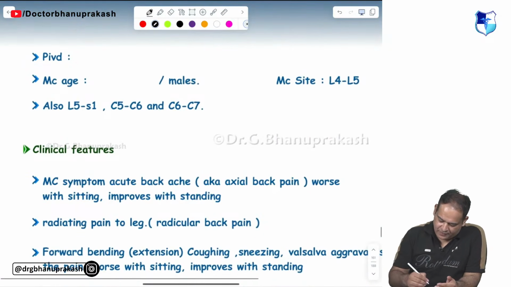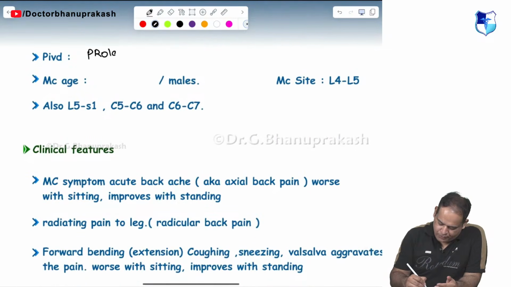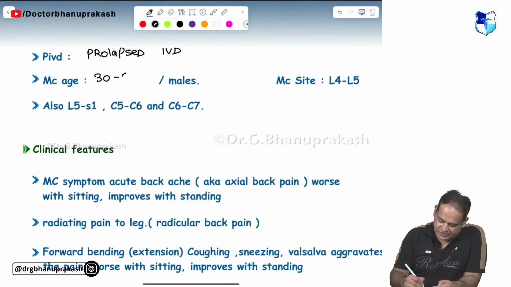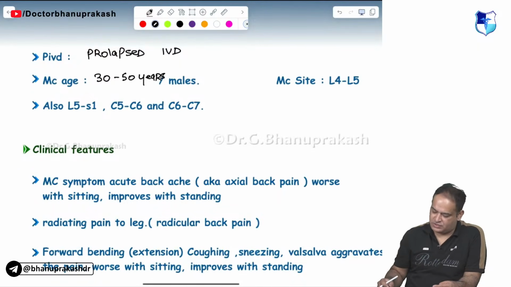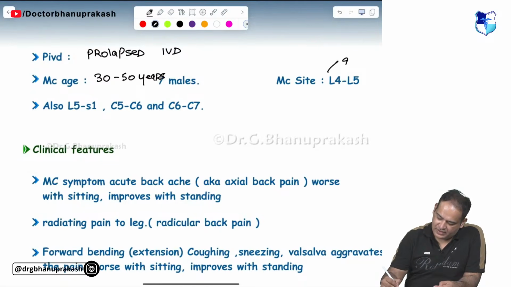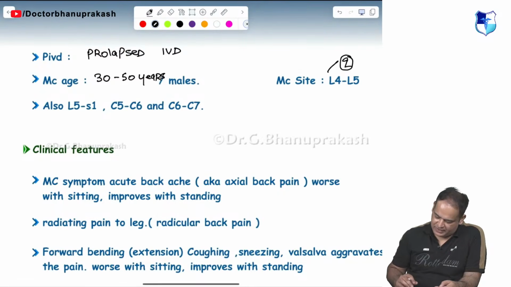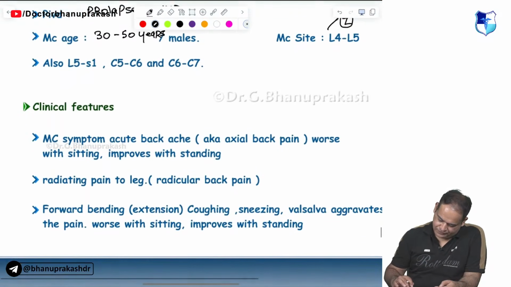Now, PIVD, prolapsed intervertebral disc. It is commonly seen between 30 to 50 years of age and commonly seen in males. Now, most common site is L4 to L5, right?